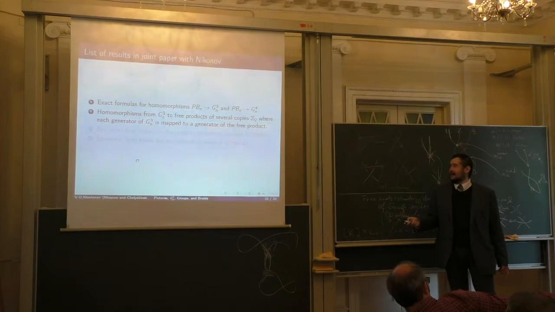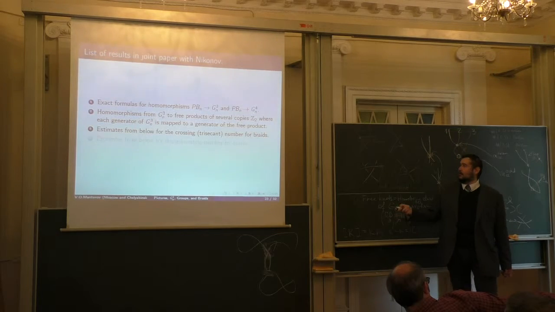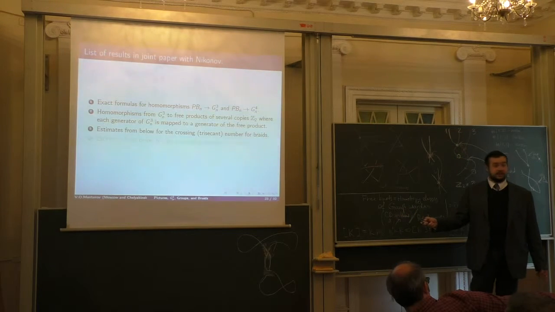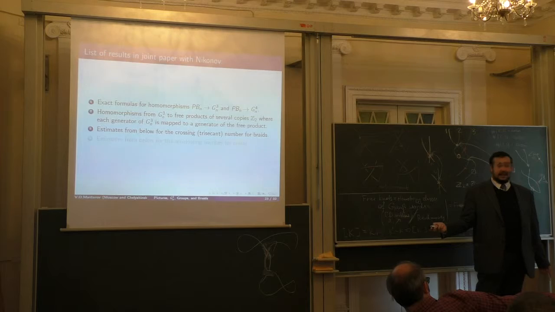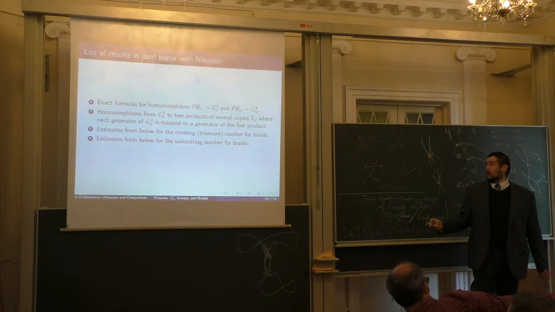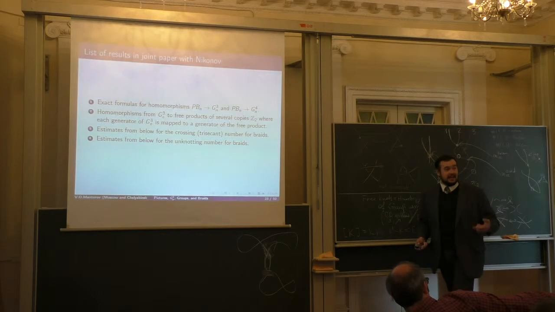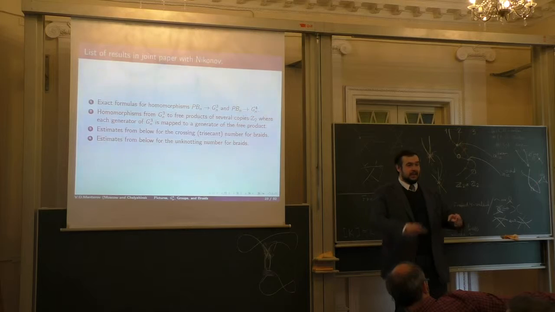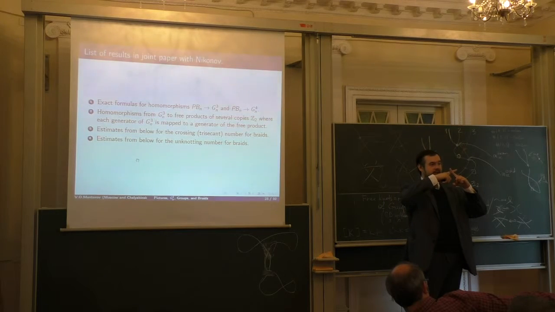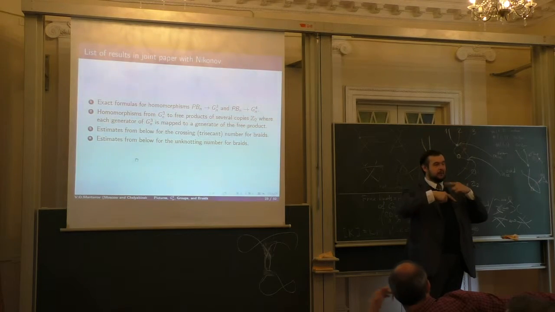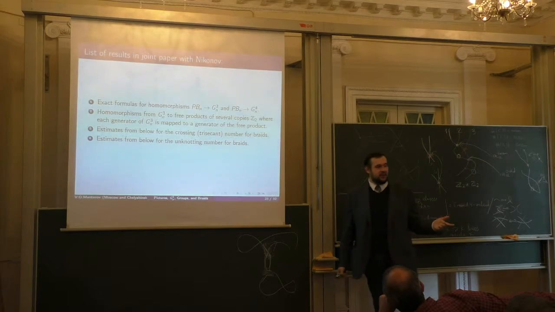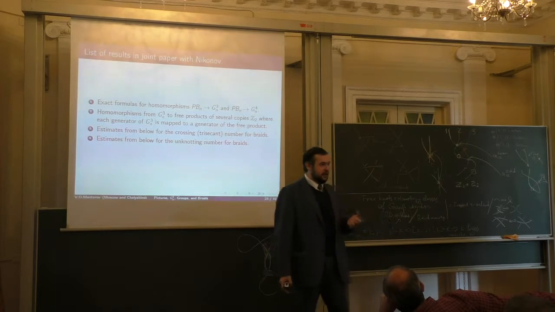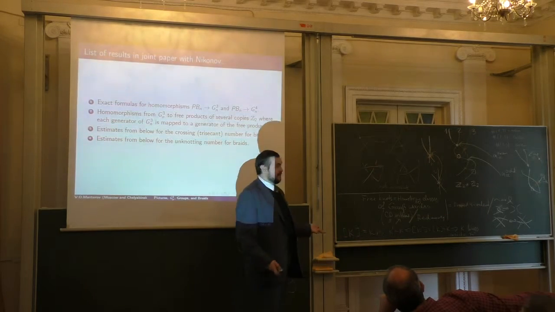And then we can get an estimate from below for the number of trisecants, which is a very good complexity. And actually, with some more work, we can get some estimates for the unknotting number, because we can explicitly write down what happens if we perform the crossing change, what will happen with our words in GN3, and then we can rewrite it for free groups, and then we can get obvious estimates.